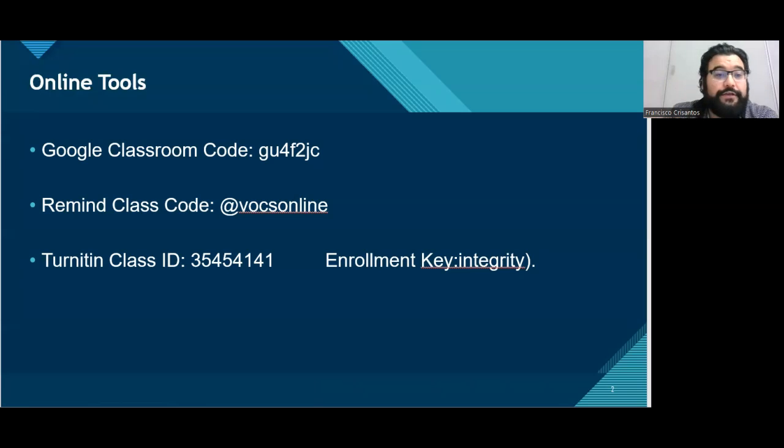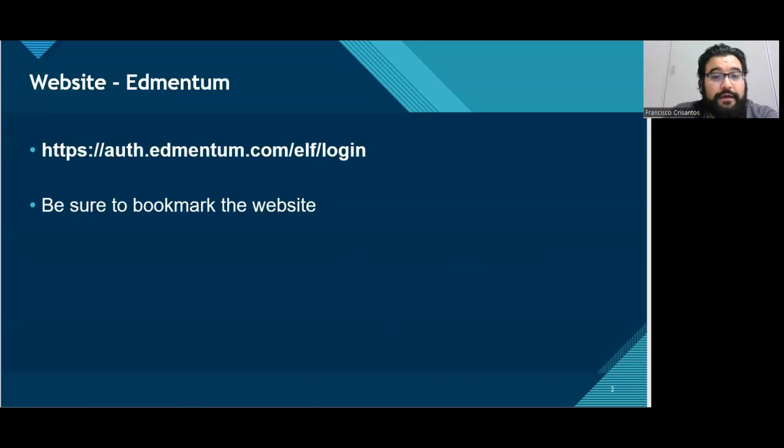Whenever an assignment requires you to submit to turnitin.com, this is the enrollment ID and enrollment key that you'll need to sign up for the Turnitin class. The website that your student will need to go to in order to access their curriculum is listed right here, again in the agreement.